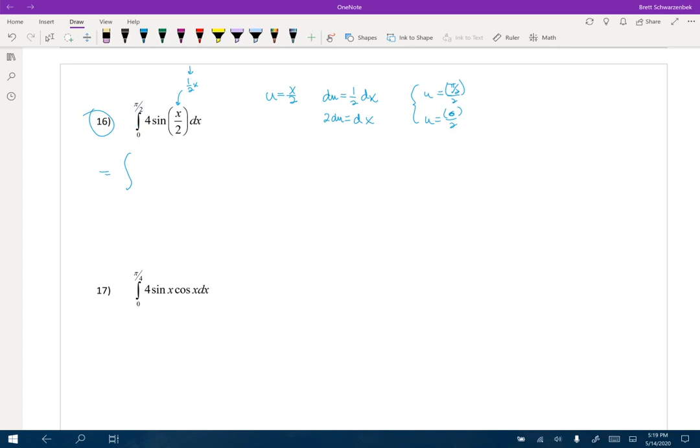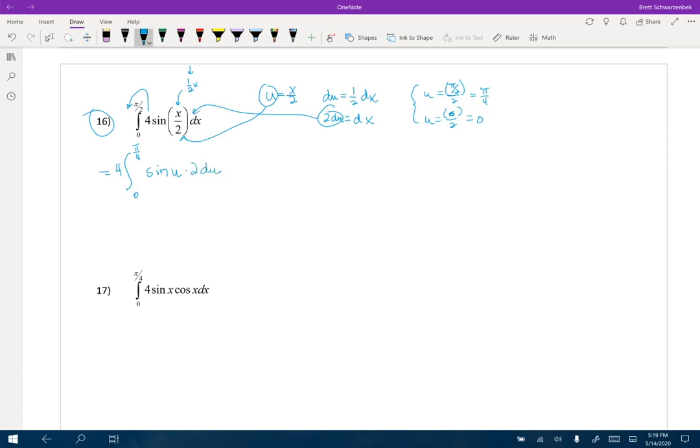So my u's are pi over 4 and 0. So my new u limits, to be very specific, are going to be that. This 4 can come on the outside. And we're going to get sine, with u replacing x over 2, and 2 du replacing dx.